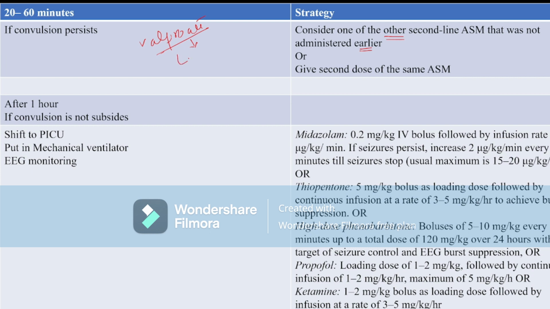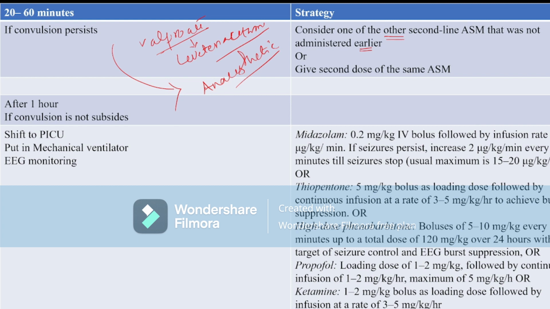That means we can start levetiracetam for this patient. But if the convulsion is more than 60 minutes, then we go to giving an anesthetic drug, continuous infusion.